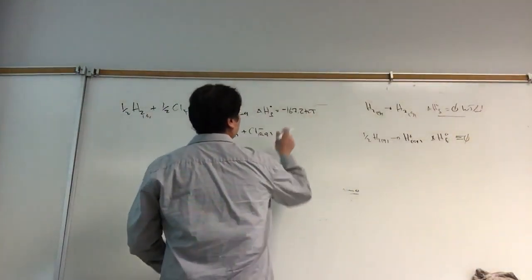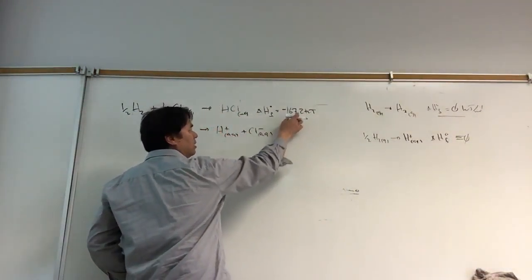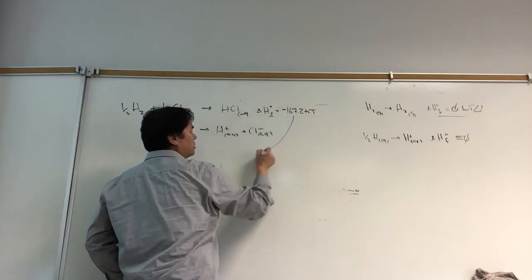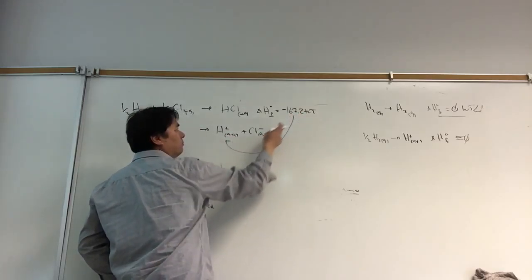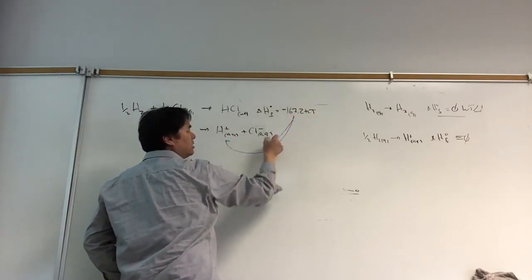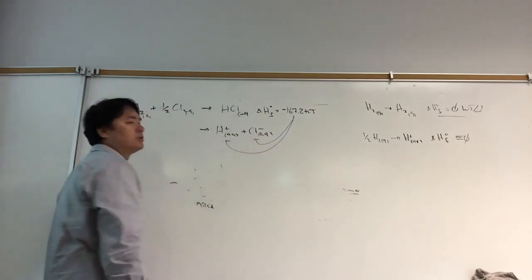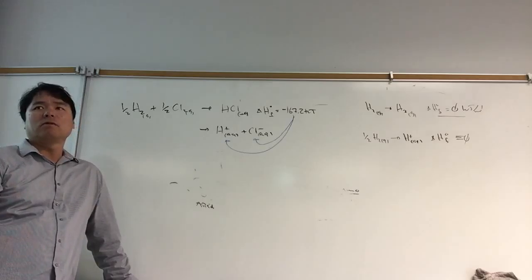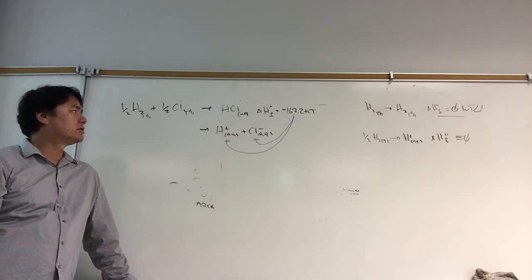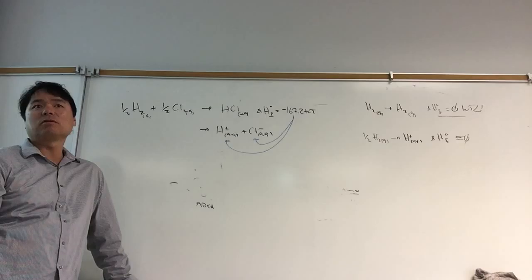And so what I want to do is zero down. I know to form both of these releases this much energy. And so what percentage of that 167.2 is due to the formation of H plus, and what percentage of the 167.2 is due to the formation of chloride?